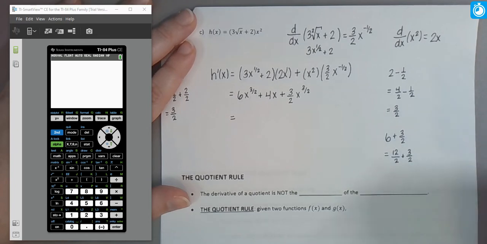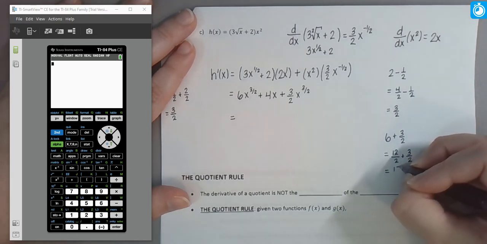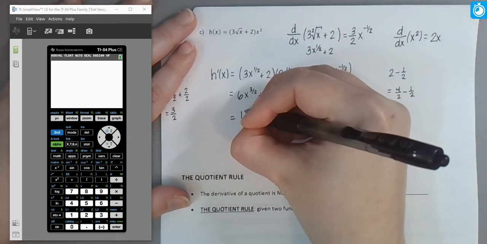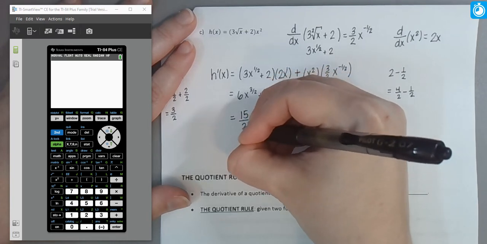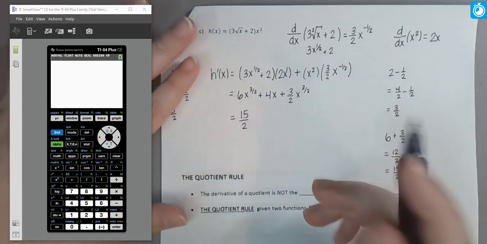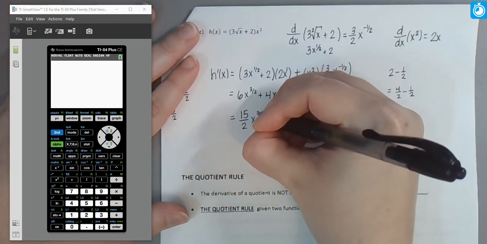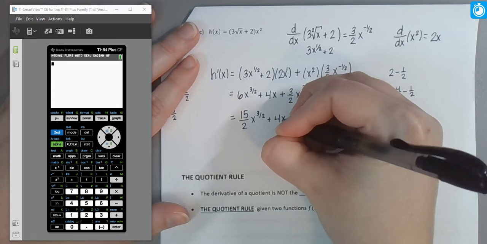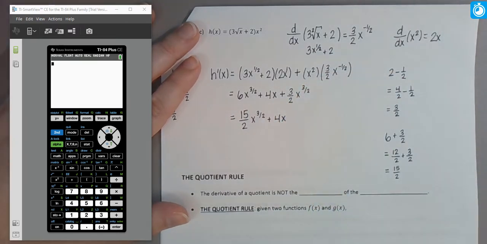So 12/2 plus 3/2 is going to be 15/2. So we have 15/2 times that common factor, x to the 3/2, plus 4x. And that is going to be our derivative.